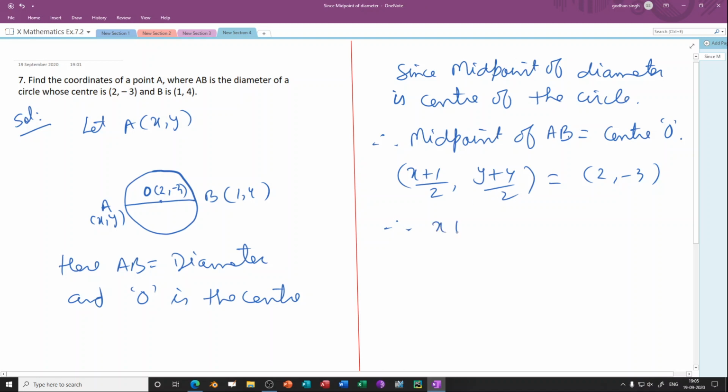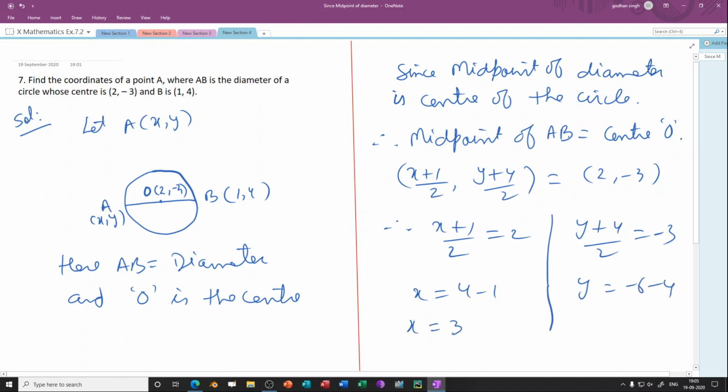So (x plus 1) by 2 equals 2 and (y plus 4) by 2 equals -3. This gives x equal to 2 into 2 minus 1, y equal to -6 minus 4. So x equals 3 and y equals -10.